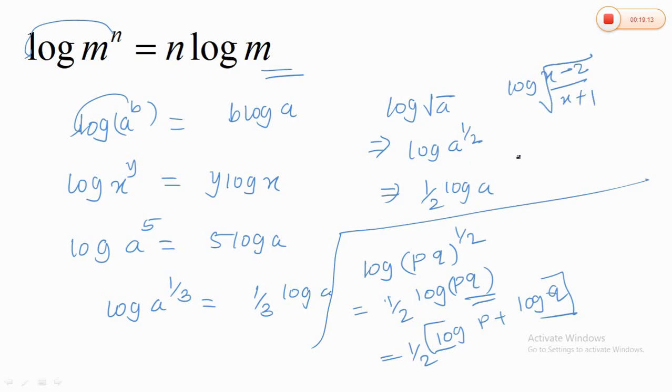So this equals log of x minus 2 by x plus 1 raised to 1 by 2, which equals 1 by 2 log of x minus 2 by x plus 1. Again apply the quotient rule here: log of x minus 2 minus log of x plus 1.